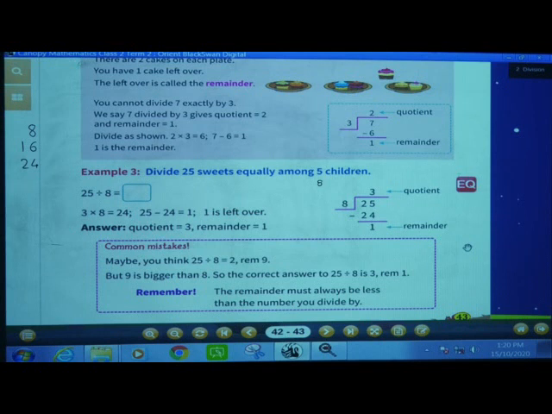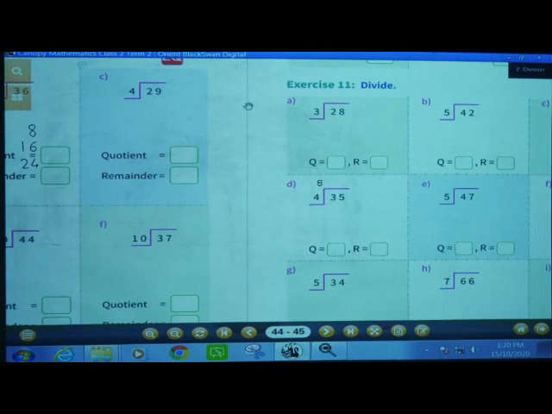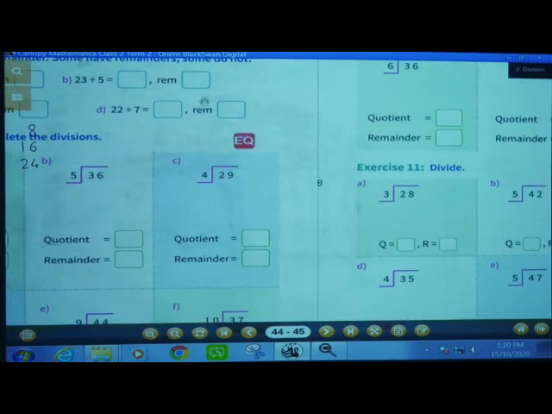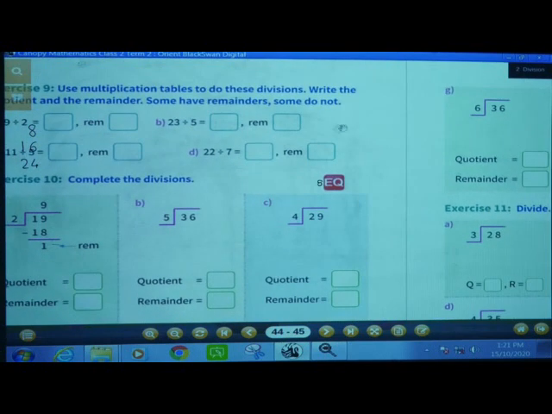Next, exercise number 9. What is the exercise number 9?